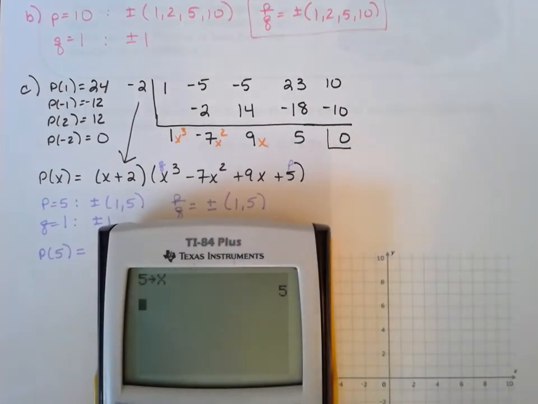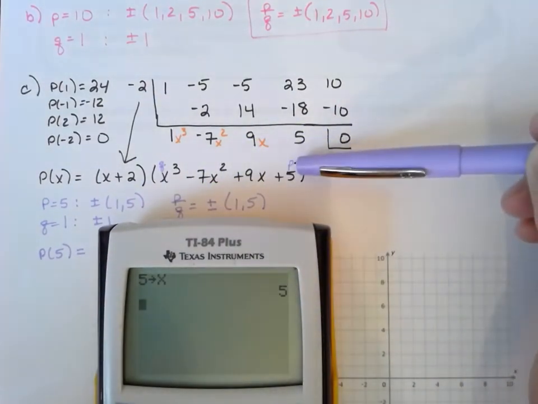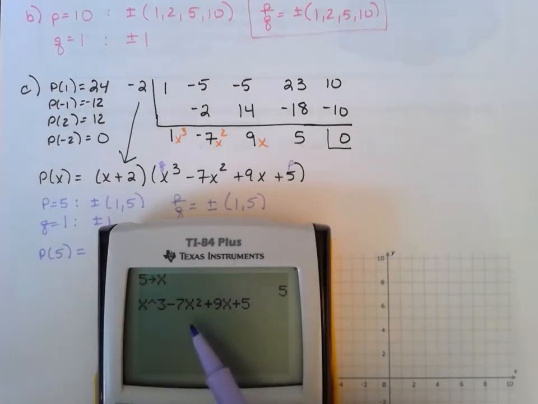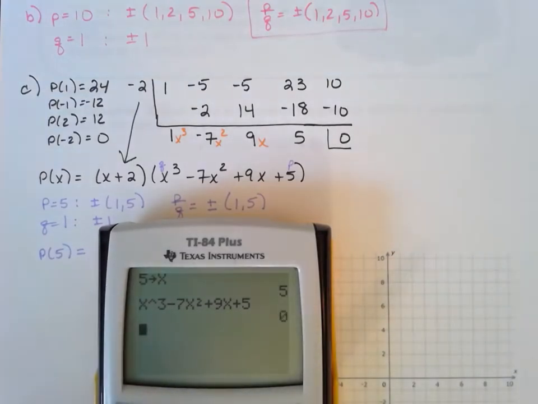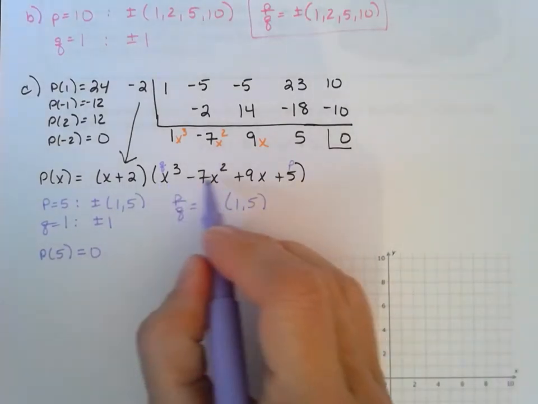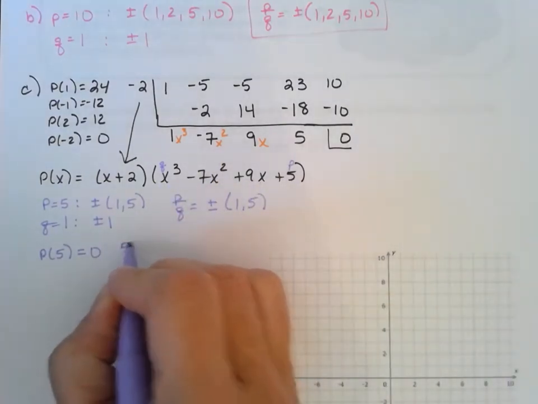Store 5. Remember, we're testing this part. So we type in that function. X cubed minus 7x squared plus, okay. And we get 0. So we stop and do synthetic division just with this part.